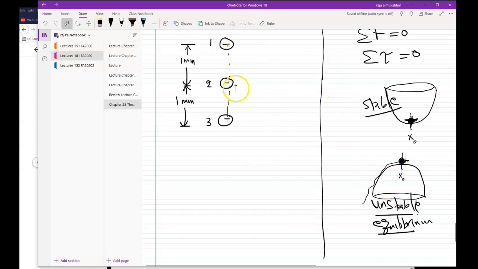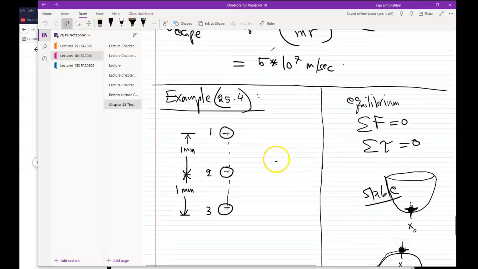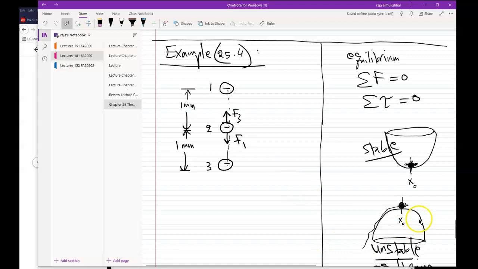As you can see here, look at the electron in the middle, the one sandwiched between them. They're all negative. So electron 2 is suffering from repulsion from electron 3, and it's also suffering from repulsion due to electron 1. Those two forces are exactly equal to each other. So what's happening is that electron 2 is just sandwiched between them, sitting there like the ball at the top of the cereal bowl.